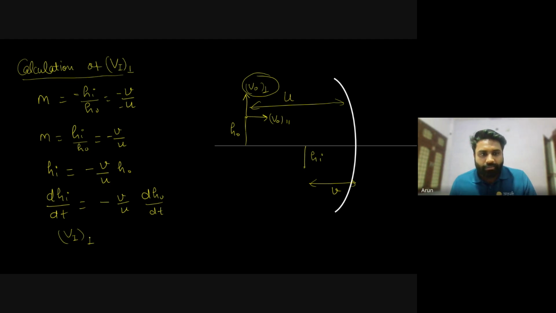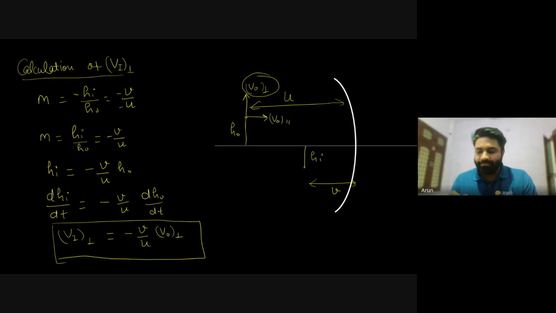This dHO by dt is the change of perpendicular distance, that is, the height of the object, so we write this as VO perpendicular. This is the relation that we have, the simplest way to derive it, I must say.